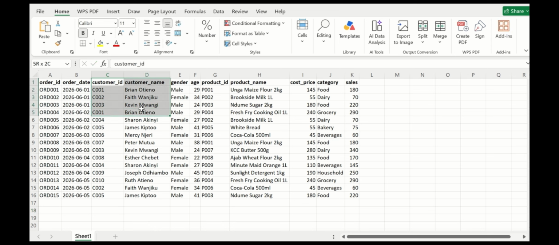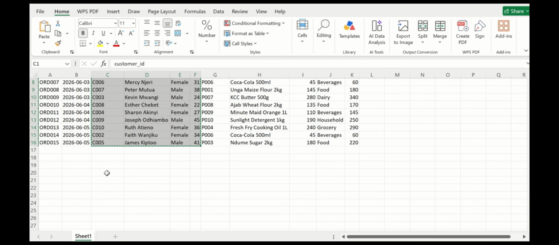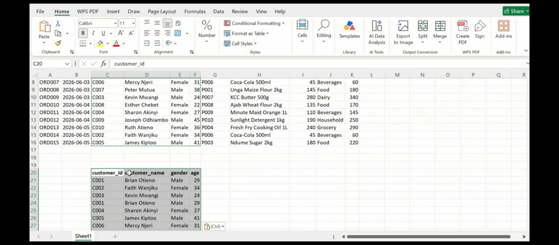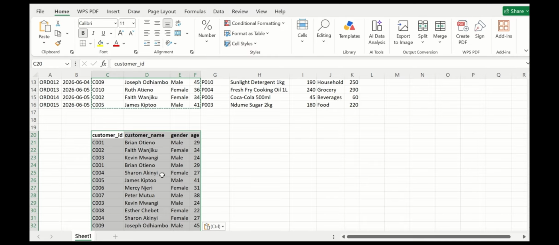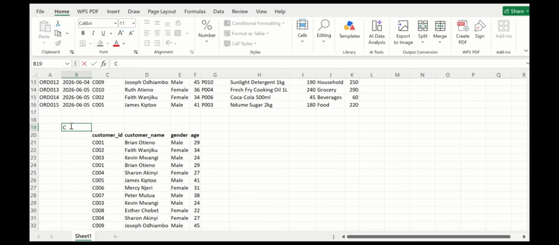So let's extract the customer details here. Copy this and bring it here.